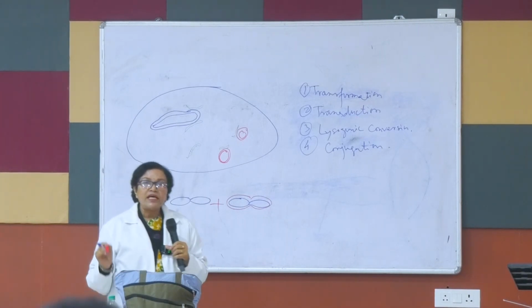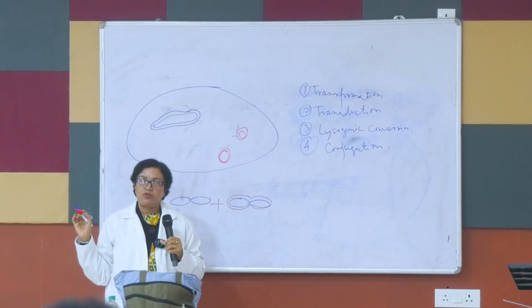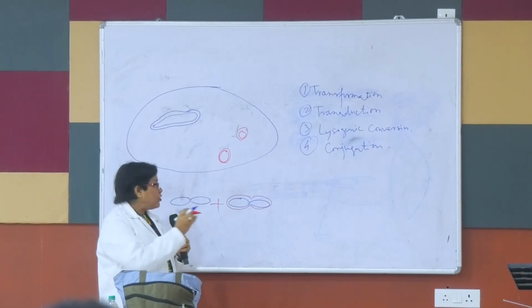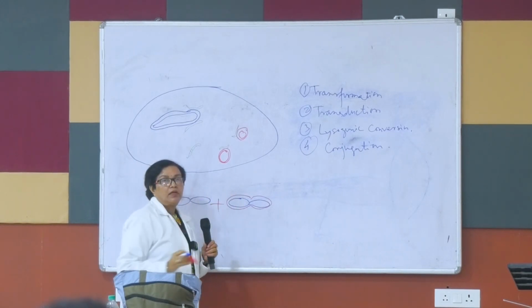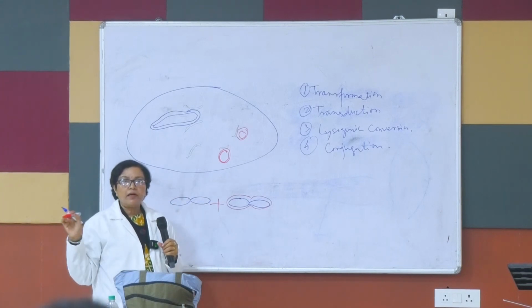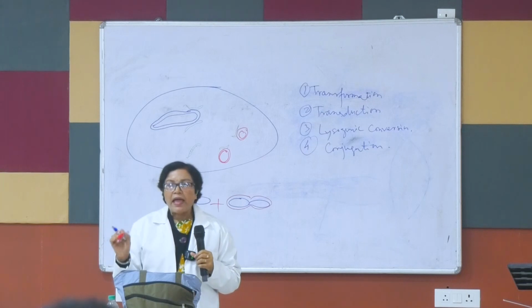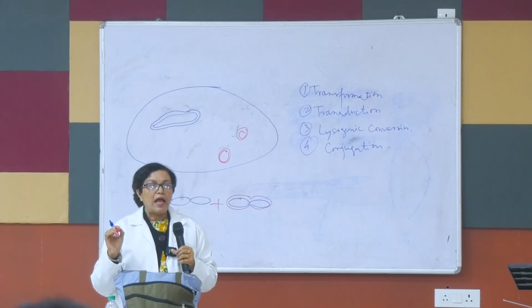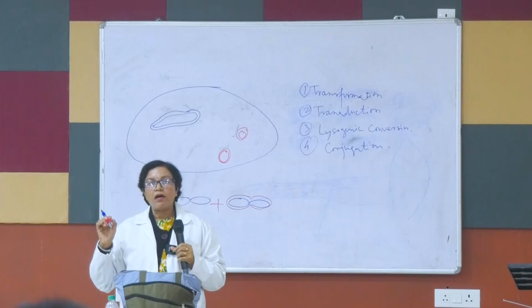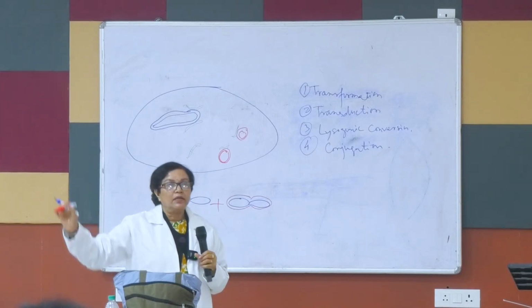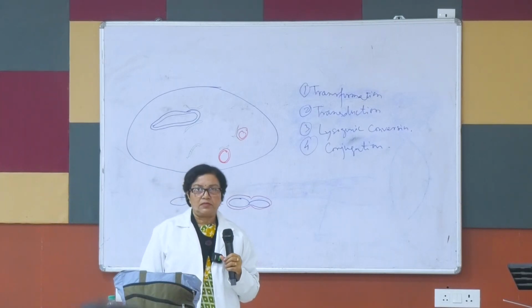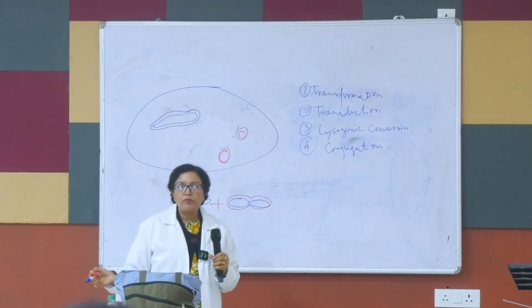Why? There must be some genetic code which formed a capsule in the living rough one. As it got a capsule, and the capsule is virulent, and it is living, it killed the mice. So how was this possible?